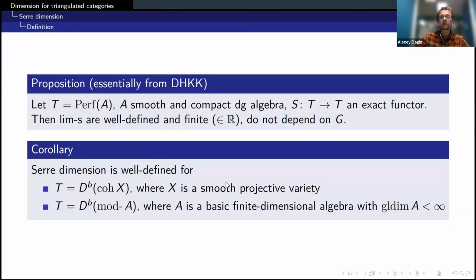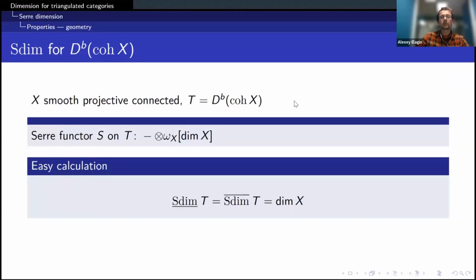For derived categories of coherent sheaves, it can be explicitly computed because we know that the Serre functor on such a derived category is just tensoring with the canonical line bundle and cohomological shift by the dimension of X. So iterating this, we get tensoring with powers of this canonical line bundle that does not change the position of our complex, and cohomological shift gives us motion to the left with speed equal to the dimension of X. So upper and lower Serre dimensions are equal to the dimension of X. And this is what explains that this is indeed dimension and not some other strange invariant.